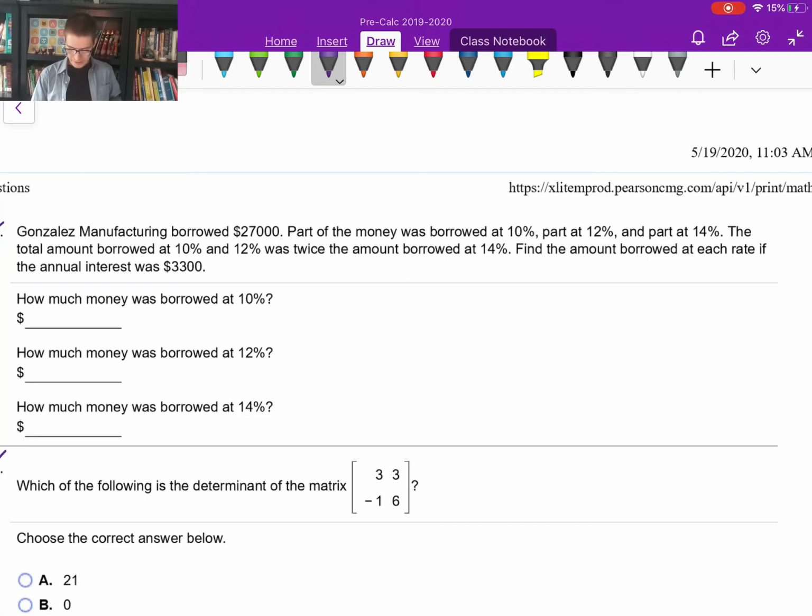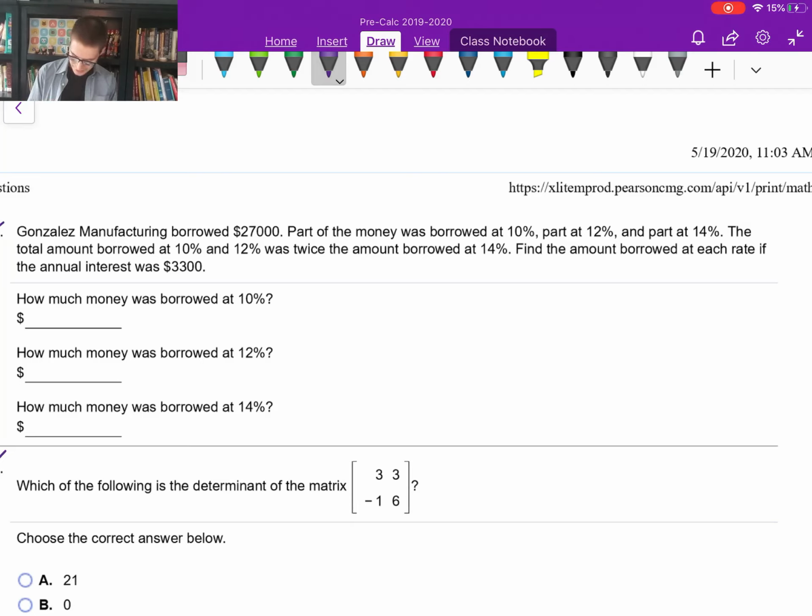But how do we do that best? What are some equations we can make out of this? Well, we can see he borrowed $27,000. Part of the money was borrowed at 10%, part at 12%, part at 14%. I think the first thing that's easy enough for me to notice is it says the total amount borrowed at 10% and 12% was twice the amount borrowed at 14%. That seems like a classic math move. So let's give variables to these.